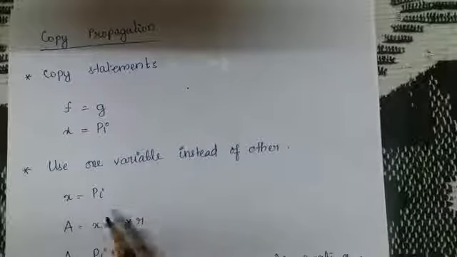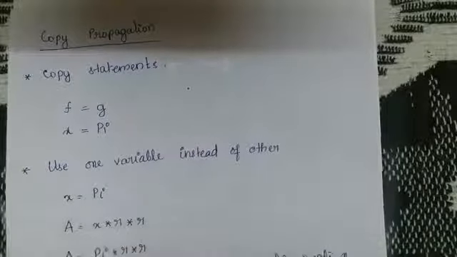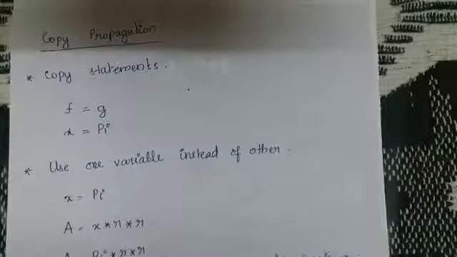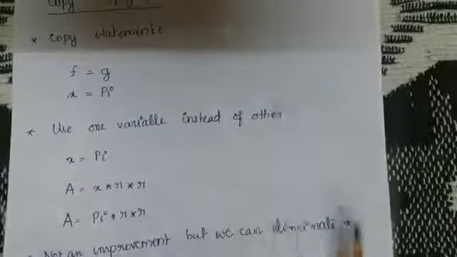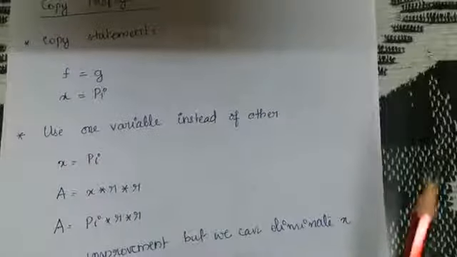This is the copy statement, so you can use pi instead of x in the other statements: a = pi * r * r. We have only replaced x by pi. It is not really an improvement, but we can eliminate the use of that particular variable x. That is what happens in copy propagation.